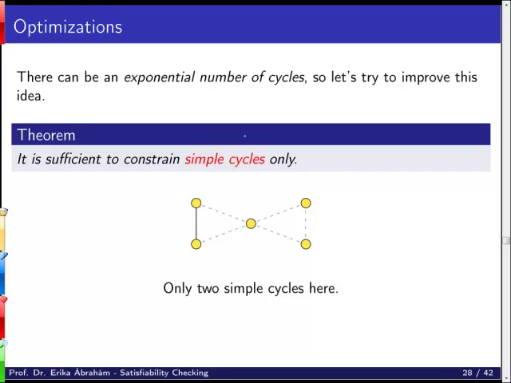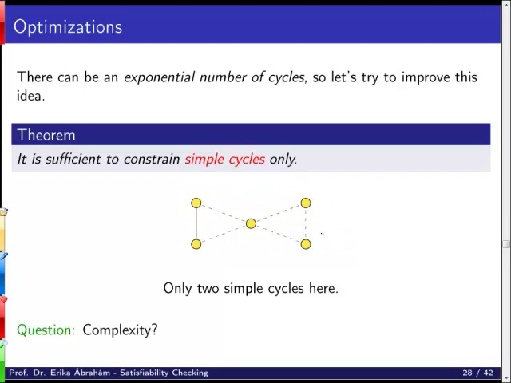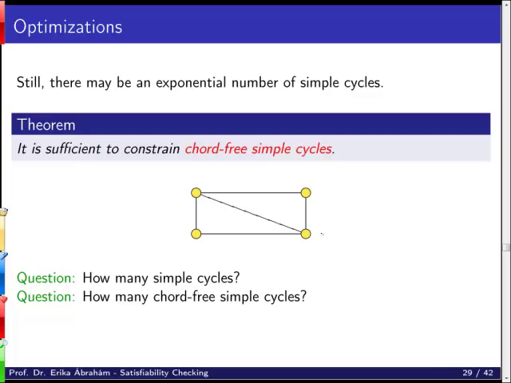First, we observe that we need to consider all simple cycles. So, for example, here we had cycle 1, we had here cycle 2, and this one was cycle 3. So we need to consider only cycle 1, because this is simple and this is contradictory. Cycle 2 is not contradictory and cycle 3 is not simple. But still, if we consider only simple cycles, there still might be exponentially many.